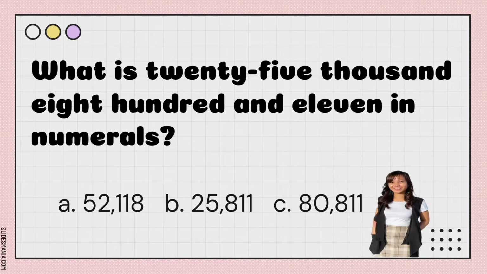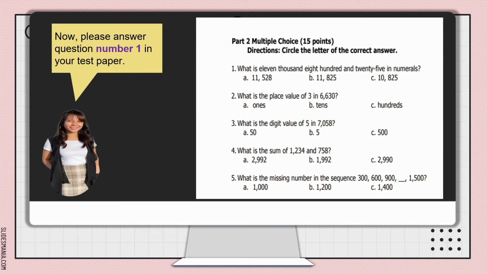So the answer is letter B. Okay, so this is an example for question number 1 in your test paper. Please answer number 1. Again, encircle the correct answer. Just like in the example that I gave you earlier, you will do the same, okay? But this time, it's a different given question.